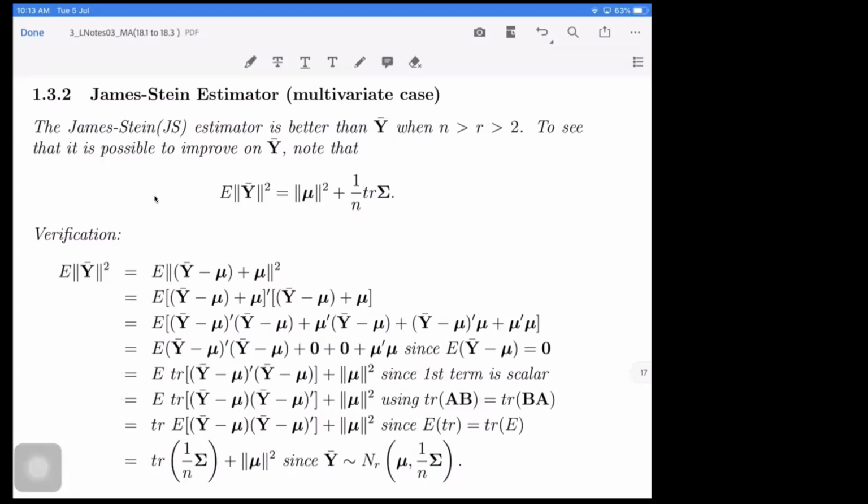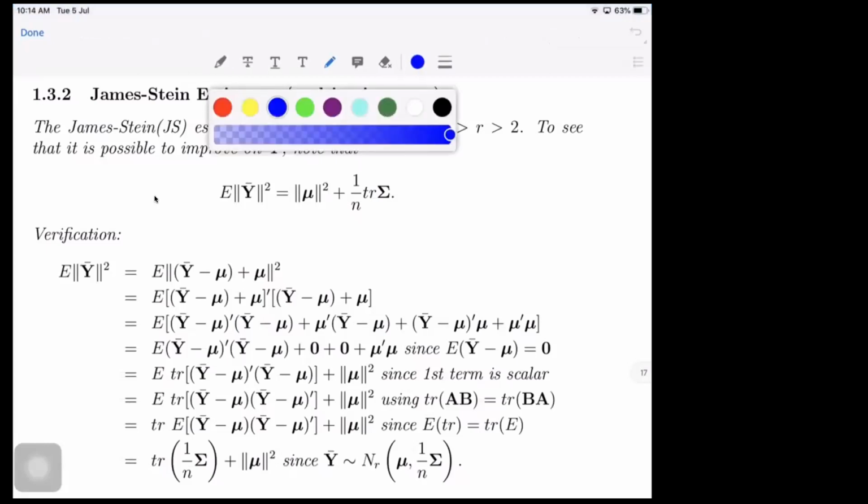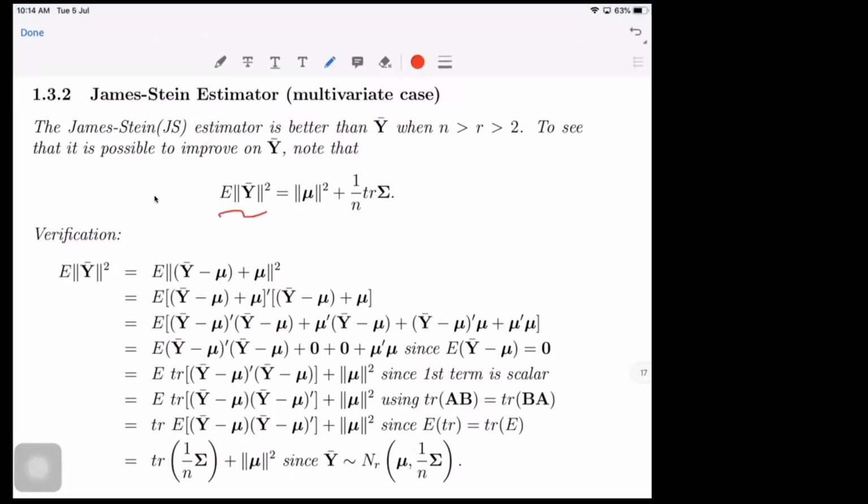So now we look at the James-Stein estimator in the multivariate case. The concept is similar to your univariate case. We still have to compare the length of Y bar.